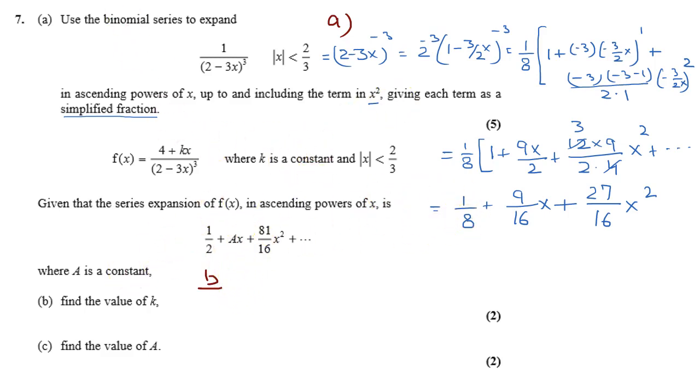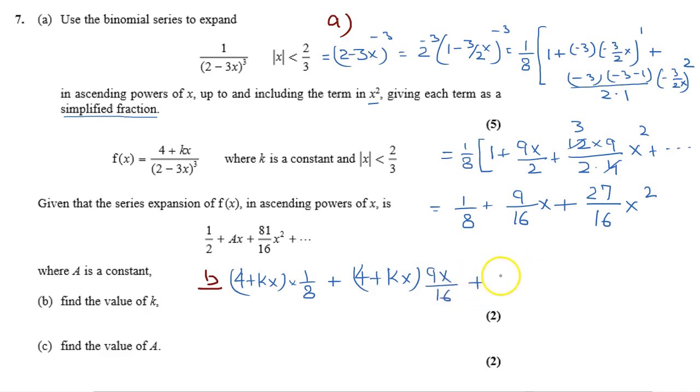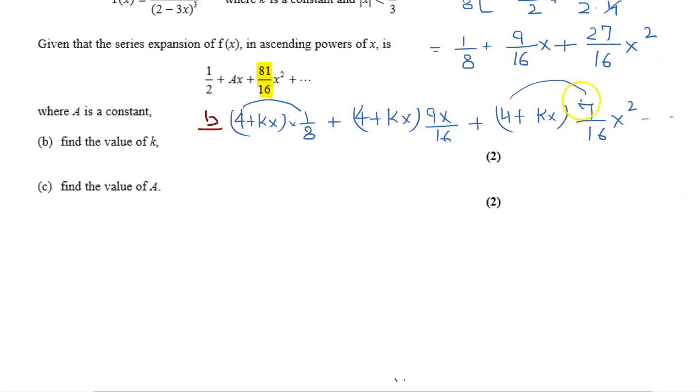Now part B is, we have this 4 plus kx multiply 1 over 8 plus 4 plus kx multiply 9x over 16 plus 4 plus kx 27 x square over 16.